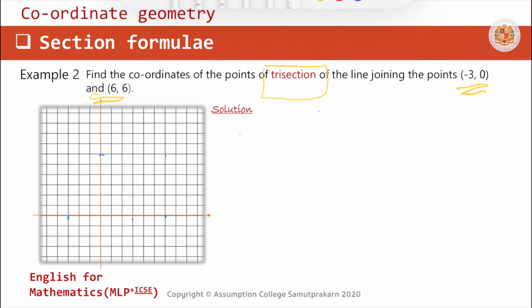So let me illustrate it using the diagram here. We have -3, 0. Where is it? -3, 0 should be here. And another point 6 paired with number 6.